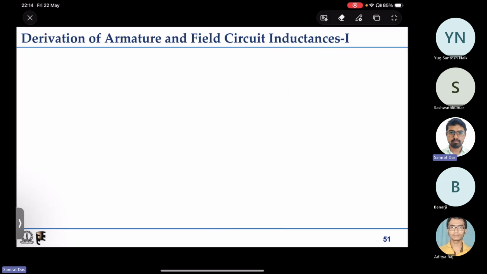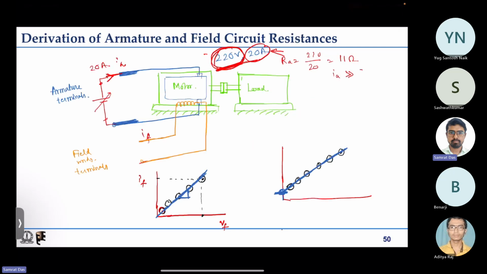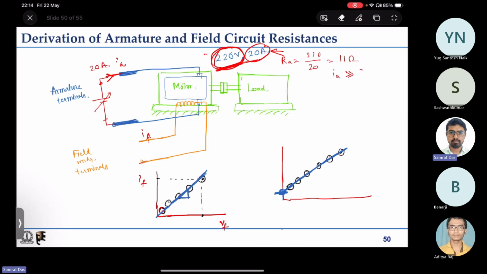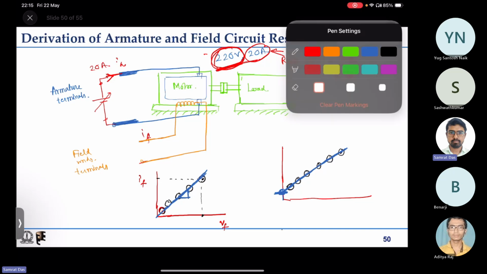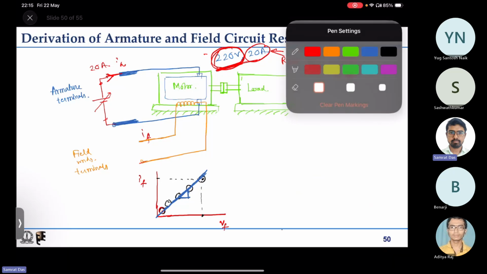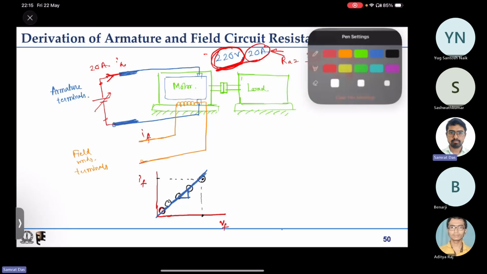If I just change the axis level, that I should not do. So let me redraw it once more. I'm coming to the point of why there will be an x-axis or y-axis intercept.